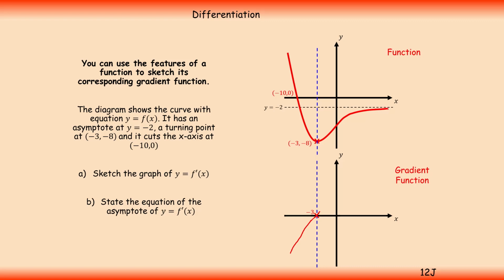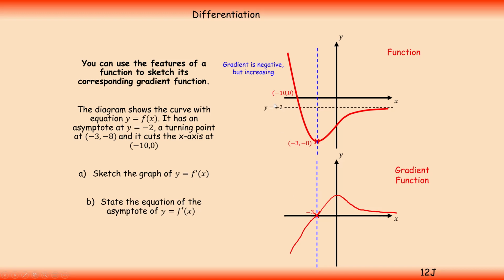As it's flattening out, the gradient is going towards 0, but it's never getting there. So what we've got is a positive gradient that turns and then heads towards 0 because it's getting flatter and flatter and flatter, but never quite getting there. And that's our gradient function.